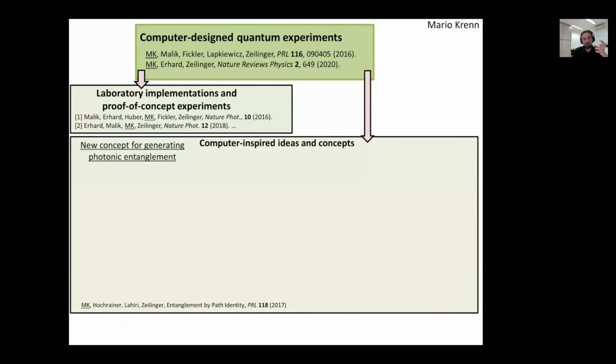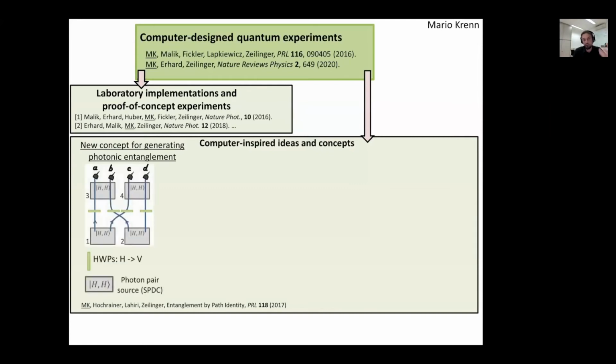This technique could have been discovered 25 years ago by human researchers, but it has been overlooked and has now only been discovered with the help of my computer algorithm. So we call this computer-inspired idea entanglement by path identity.